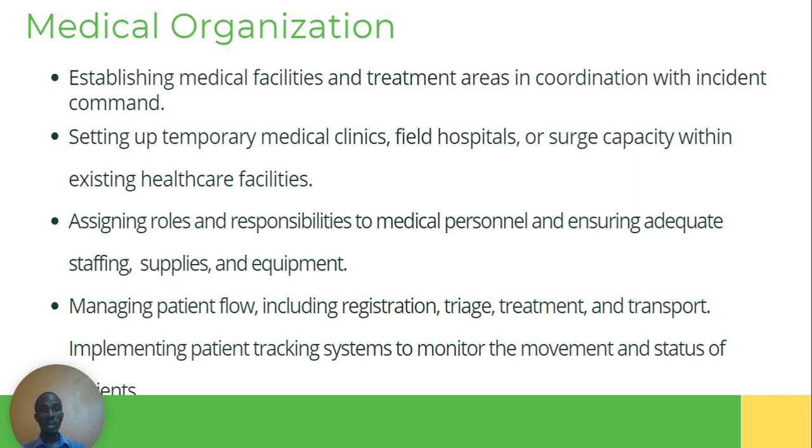So that is what we are calling the surge capacity. So you can either use the existing ones and increase their capacity to handle more patients, or you can put in place field hospitals or temporary medical clinics that can handle emergencies.